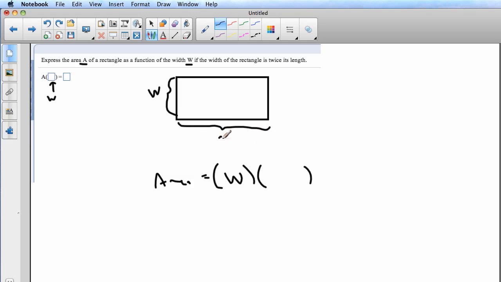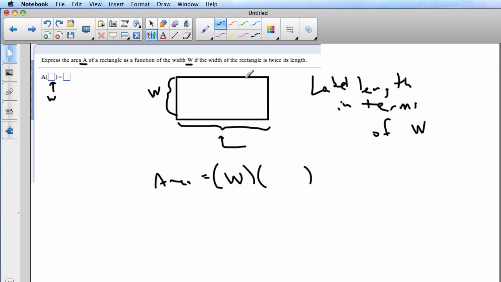I need to figure out how to label this in terms of W. So in other words, I have to label the length, but I have to do it using an expression in terms of W.